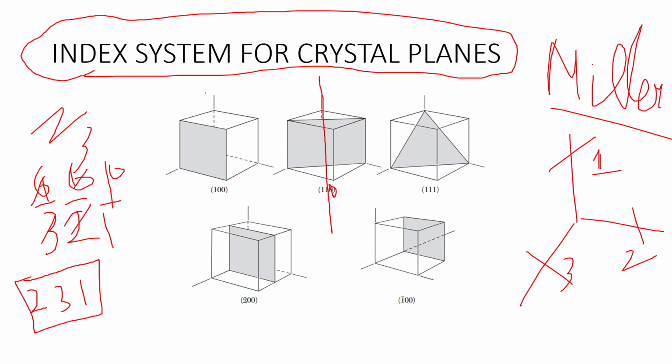Here 1 1 1, the plane is intersecting each axis. Here 2 0 0, that means the x-axis is cut, but y and z are left. This is 1 bar. 1 bar is nothing but minus. That means if this is positive, following the Cartesian rule, then this will be negative. So we can see the back side of the cube is intersected.